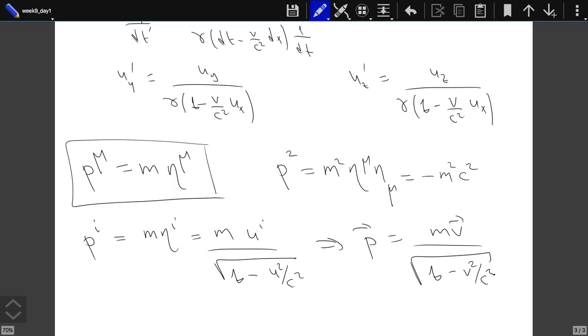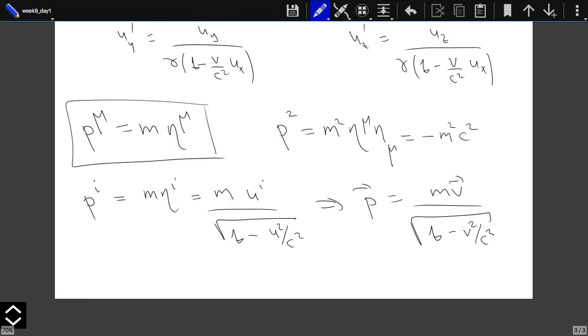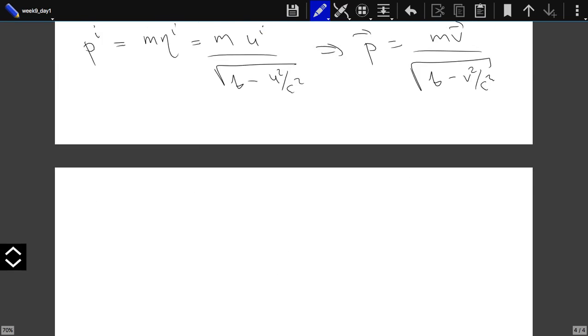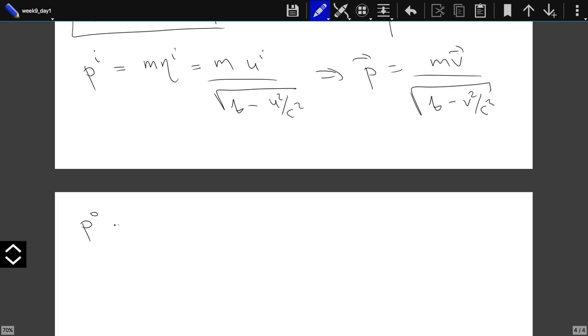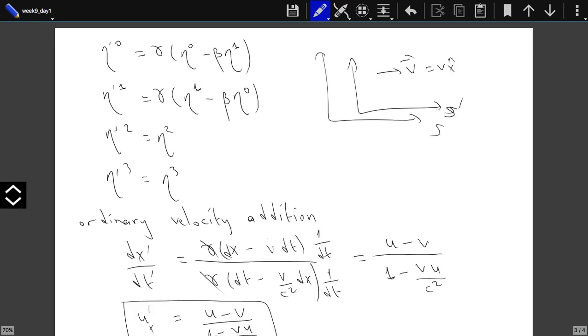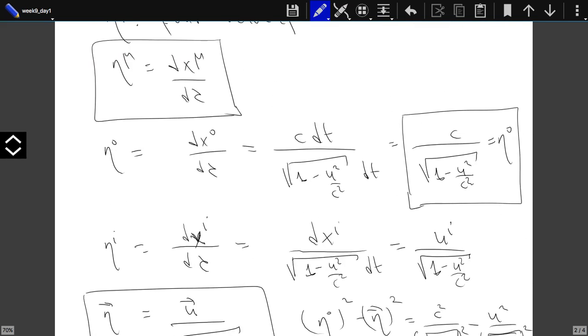Now let's also look at the zero component, p0. This is m times eta 0. Well, we had already calculated what eta 0 was. Now you see, this is where we define the eta 0.